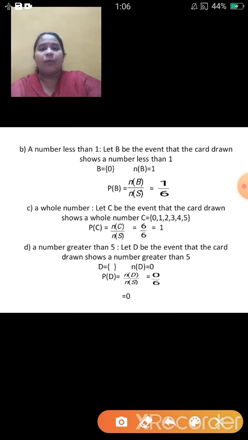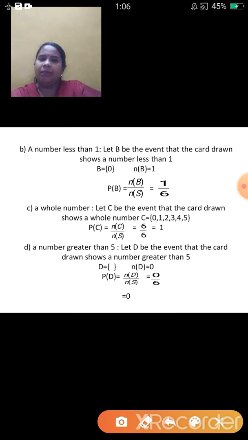As you know, probability answers can be 1 or less than 1. So this is the only sum in the problem set where it's a sure event and the probability is 1. Okay, so P of C will be n of C upon n of S, that is 6 upon 6, which can be reduced to 1.